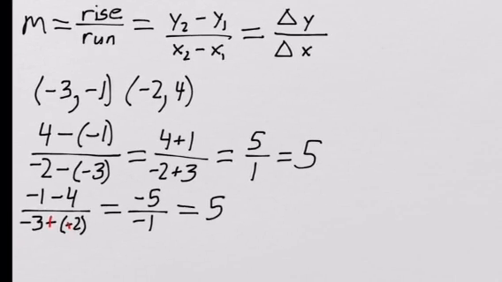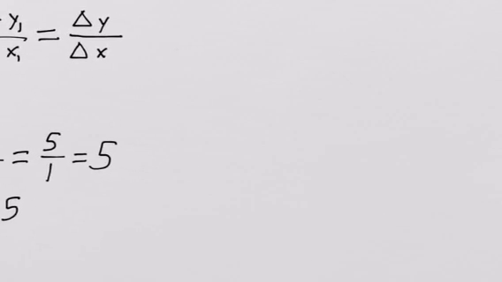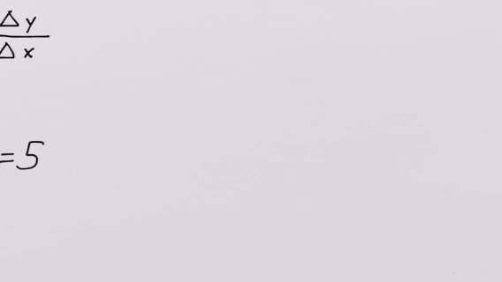So another example here. If I take the points (-3, 4) and (2, -2), and this time I'm only going to do it once, using the first point as x1, y1, and the second point as x2, y2.